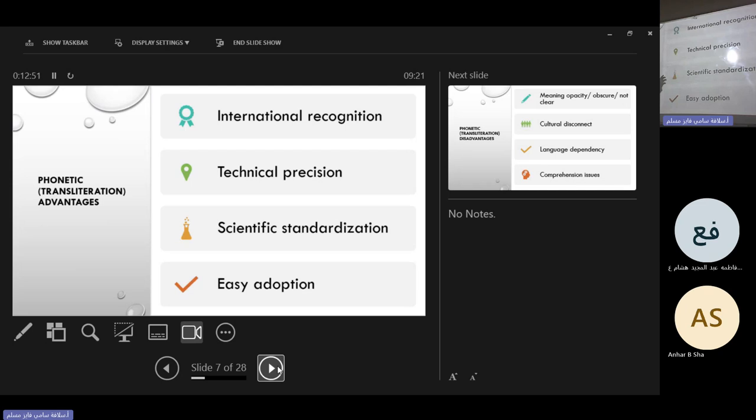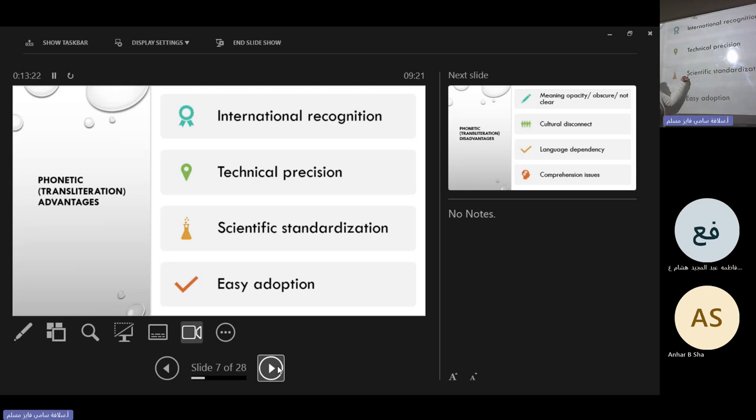It is internationally recognized. What does recognized mean? Known, recognized internationally. Okay? Technical precision. Why technical precision? Why is it to the point? It's precise and formal, because it's a formal language and because there is no other equivalent yet in the Arabic language.